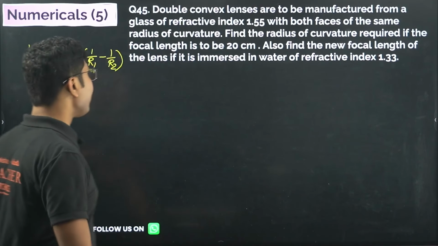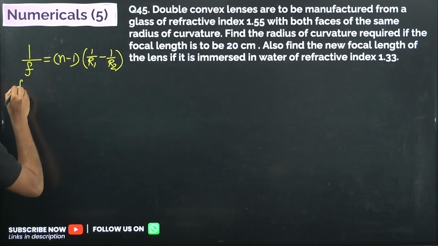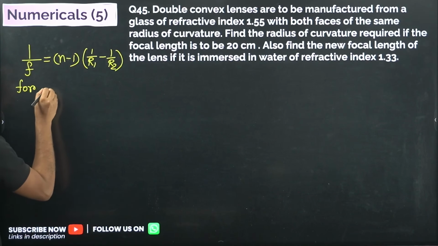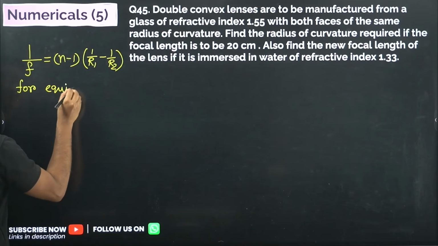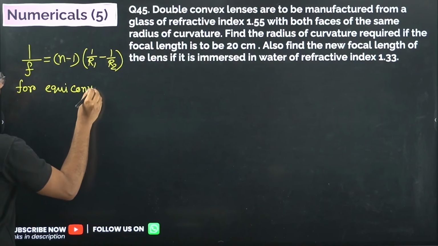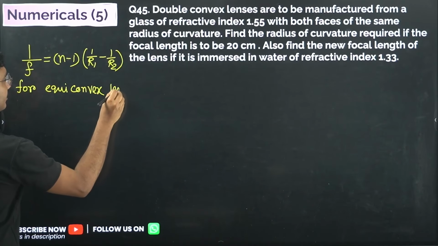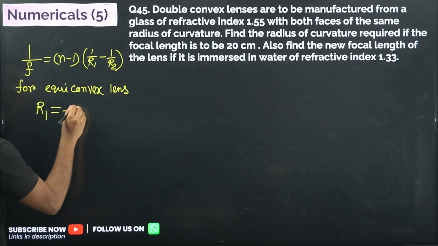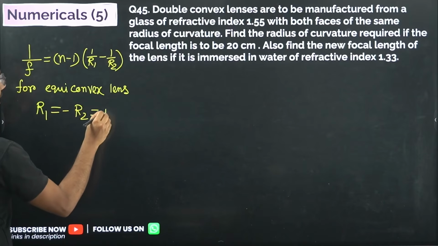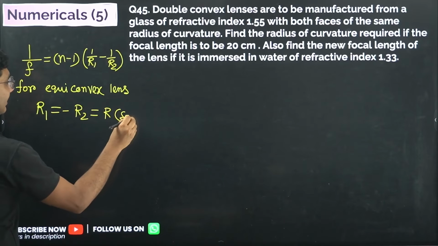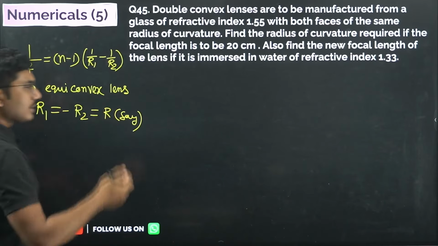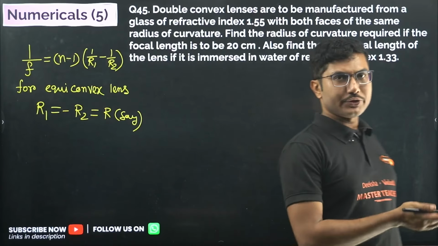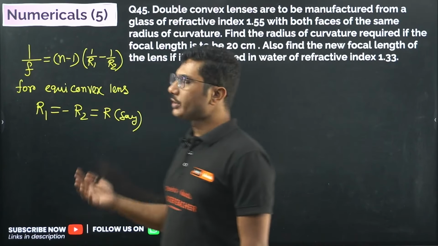Now for equiconvex lens, r1 is equal to minus r2 equals r. So the signs of r1 and r2 are opposite and magnitude wise both are same.